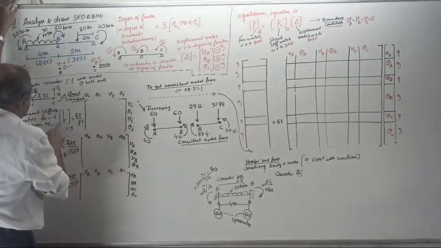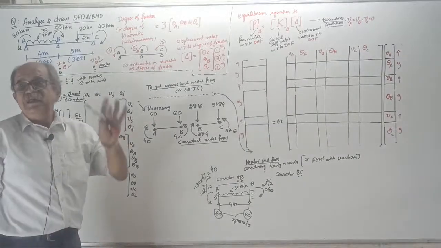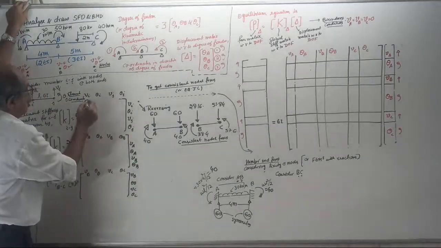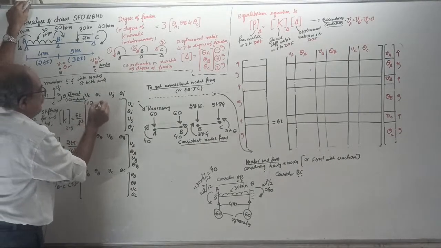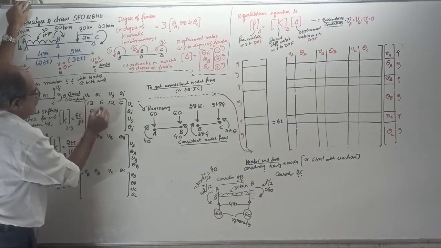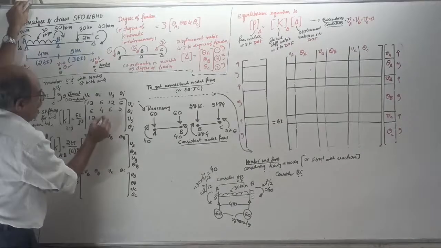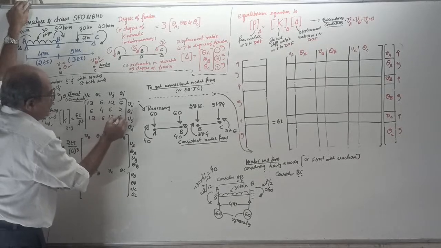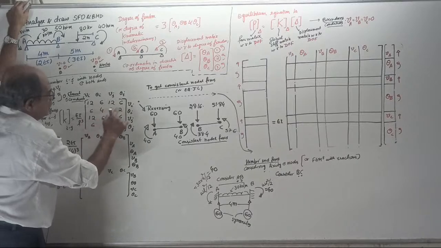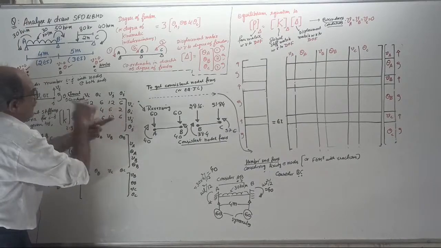k for ij equal to the standard formula EI by L cube into 12, 6, 12, 6, 6, 4, 6, 2. Once again, 12, 6, 12, 6, 6, 4, 6, 2. Once again, 12, 6, 12, 6. But this time, interchange.